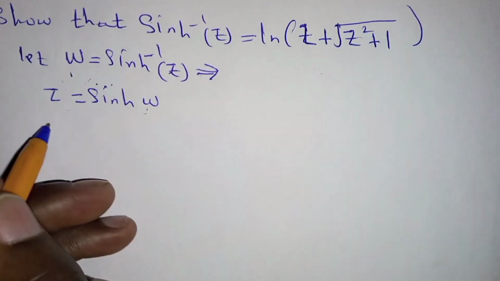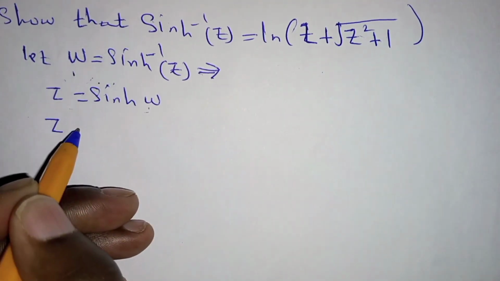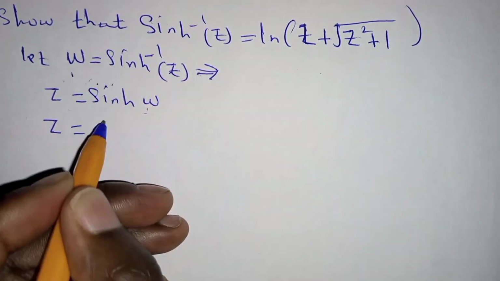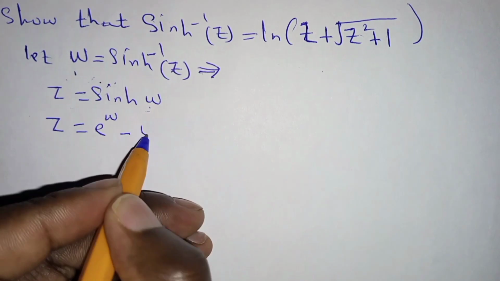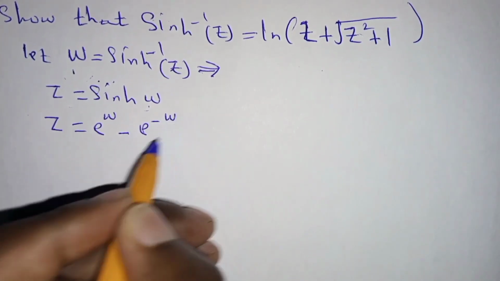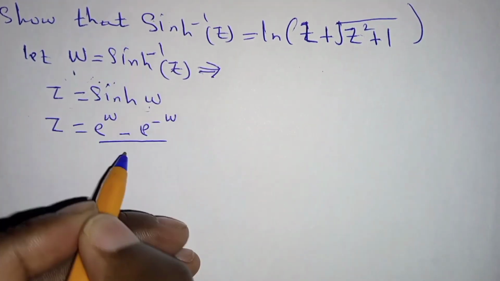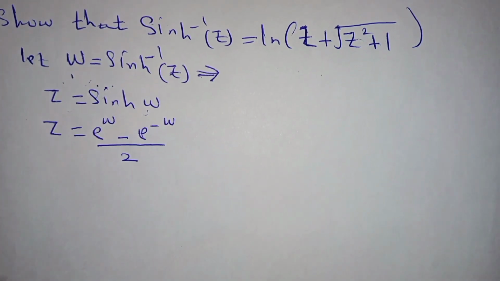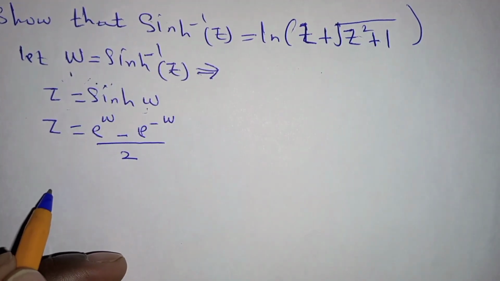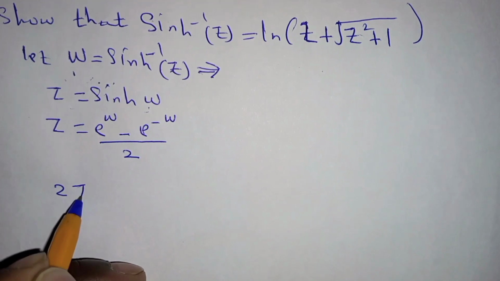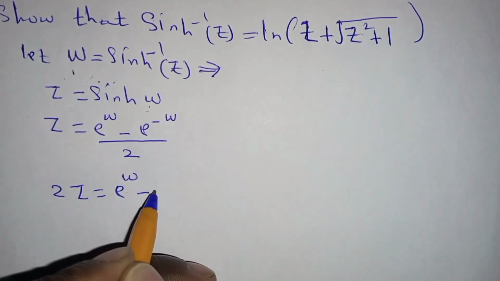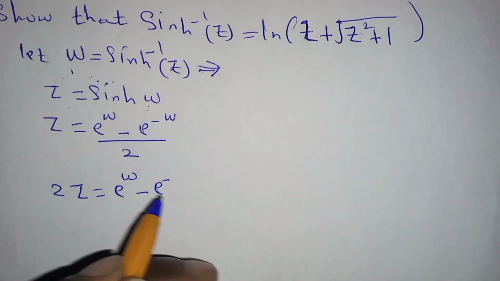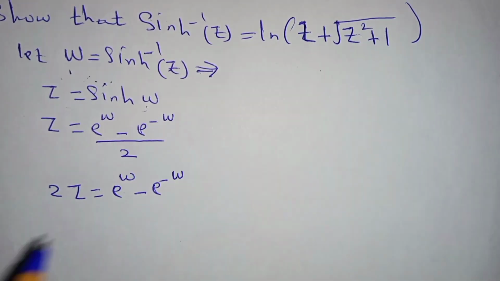Next, we write hyperbolic sine of w in the form of Euler's formula, which will be exponential w minus exponential negative w, divided by 2. Then you multiply both sides by 2 so that you get 2z is equal to exponential w minus exponential negative w.